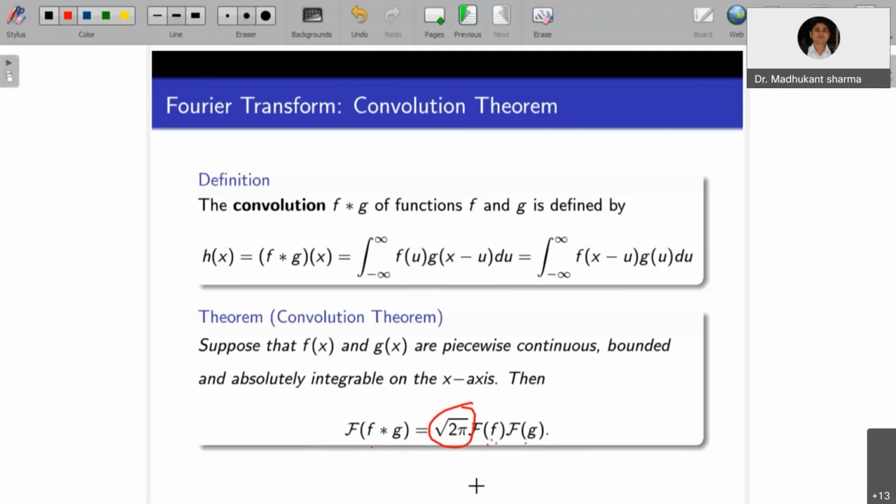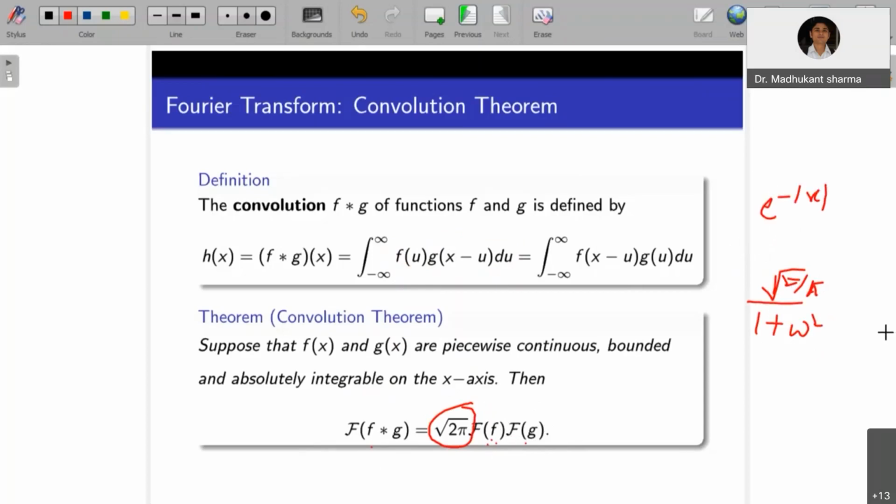Suppose you have, as you just learnt, square root of 2 by pi times 1 upon 1 plus w square was the Fourier transform of e to the power minus mod x.